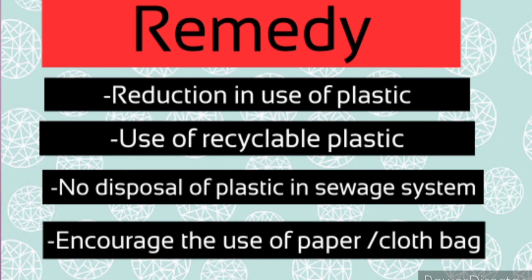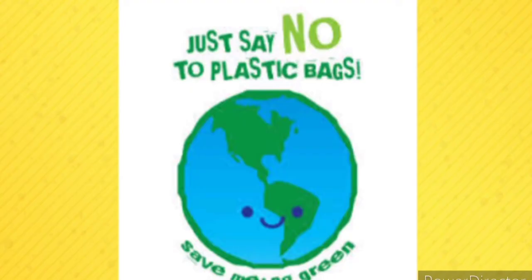It will remain as it is, so it is harmful for the sewage system. And the next is, encourage the use of cloth and paper bags because they degrade easily and they are not harmful for the environment also. So encourage the use of cloth bags and paper bags.